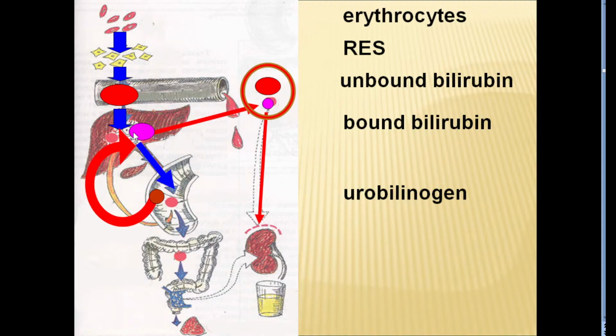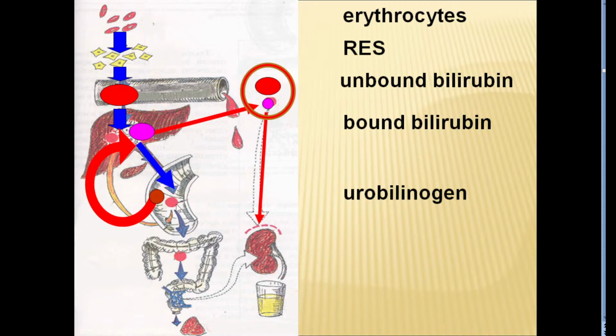In normal pigmentary metabolism, urobilinogen cannot be revealed in any specimen. Its cycle is closed: it enters the duodenum and again comes back into the liver, where it is again transformed into bound bilirubin and again with bile enters into the duodenum.